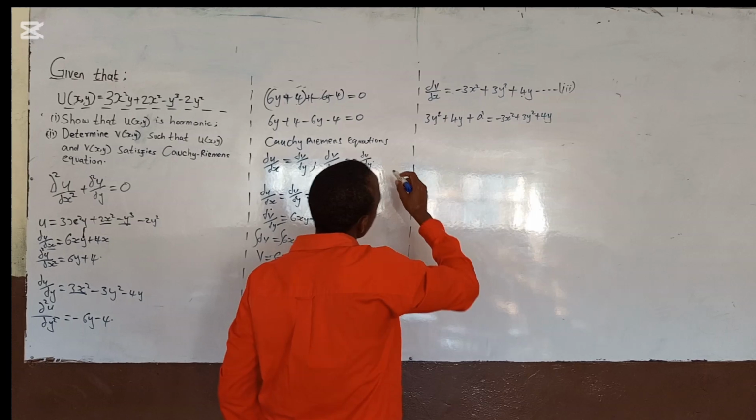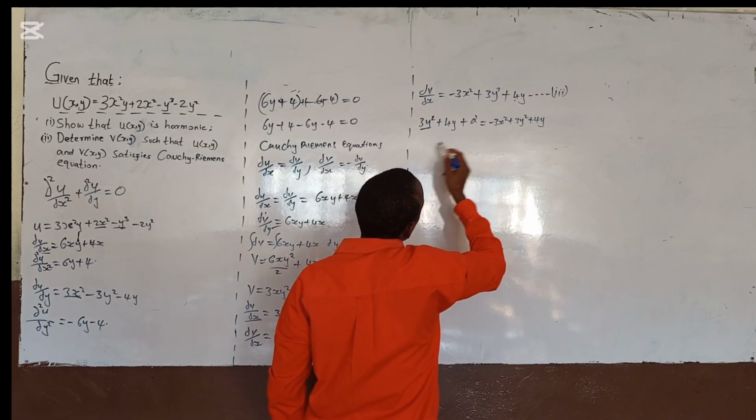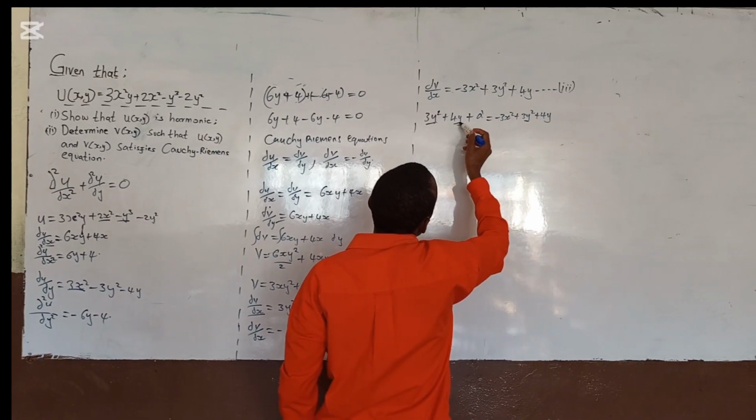So we have 3y squared and 3y squared, 4y and 4y.